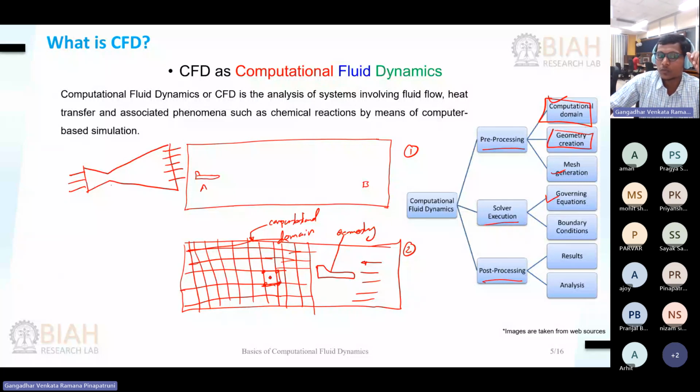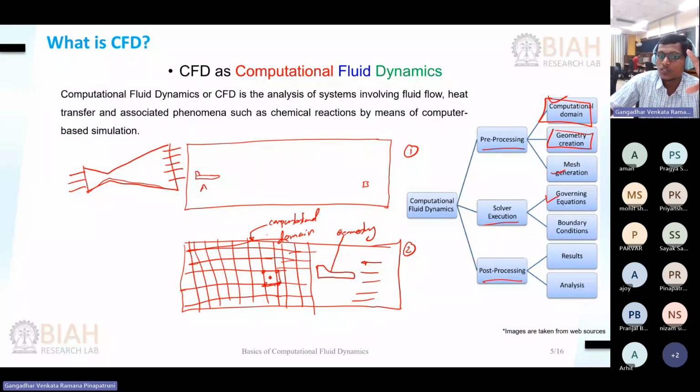So here you don't need to model any three-dimensional space around the nozzle, because your fluid is restricted inside this geometry. You only need to model these walls, the convergent divergent nozzle or duct.